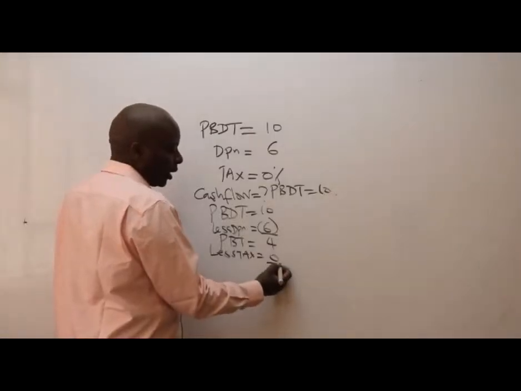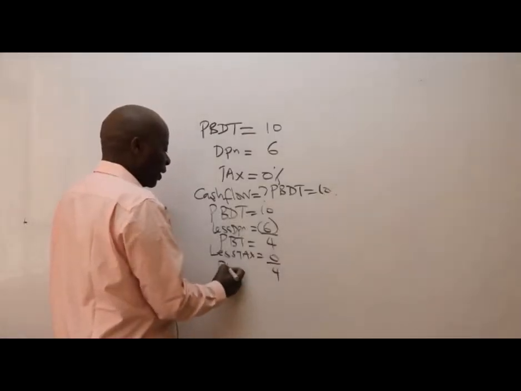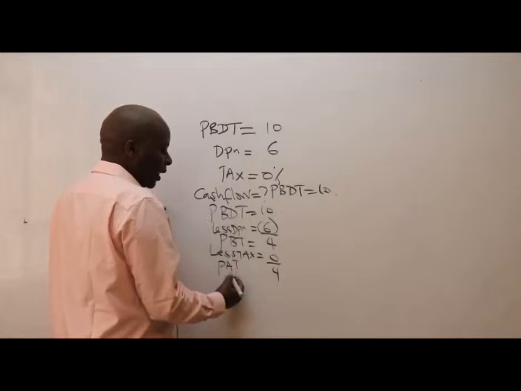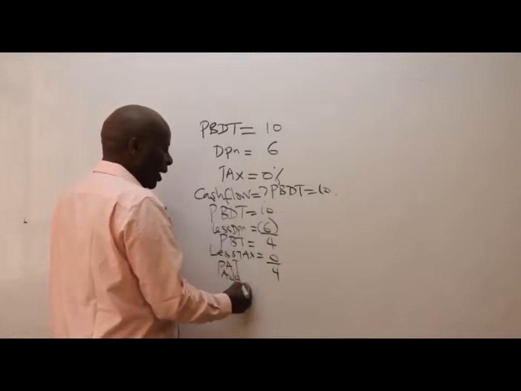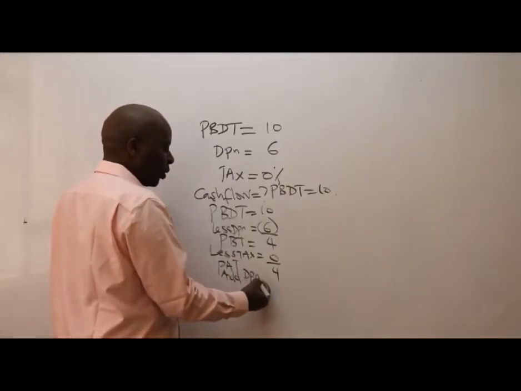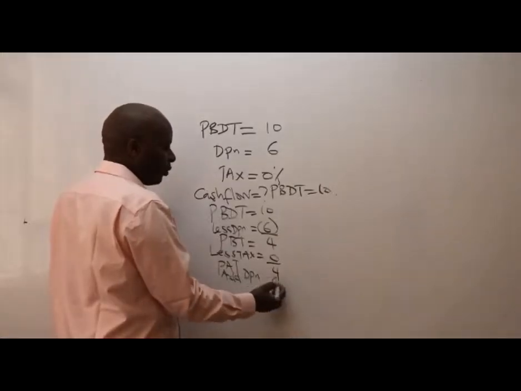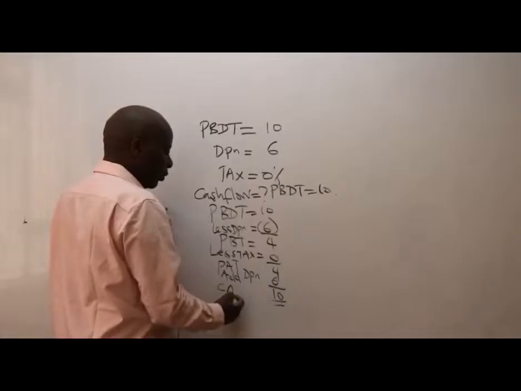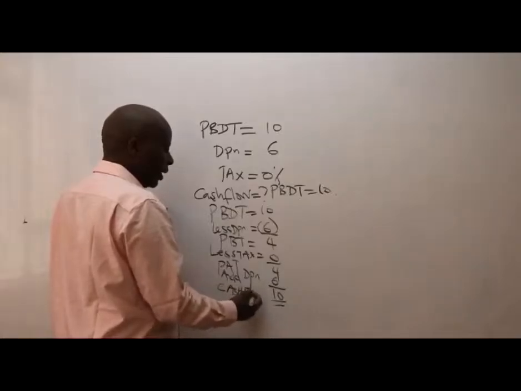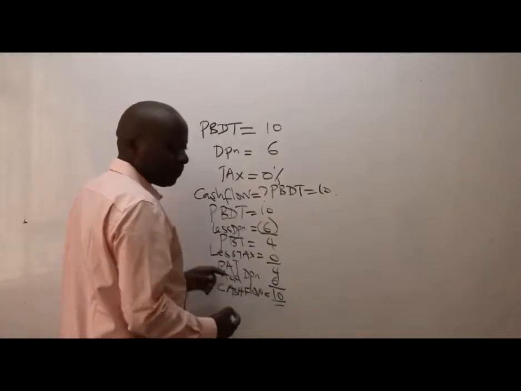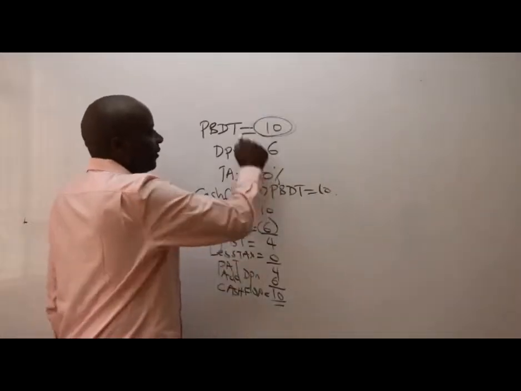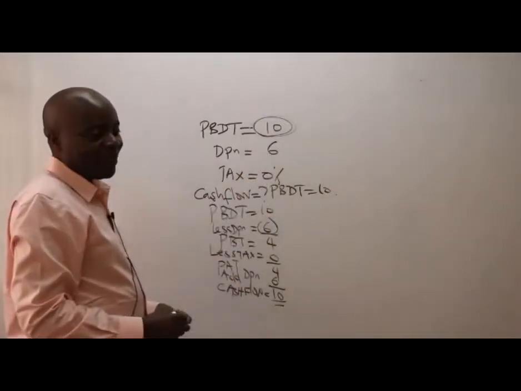So when I subtract tax, I'm able to get my profit after tax. Then come and add back depreciation of how much here? Of 6. So 4 plus 6 gives me 10. So this is the cash flow, which is the same as this profit before depreciation and tax.